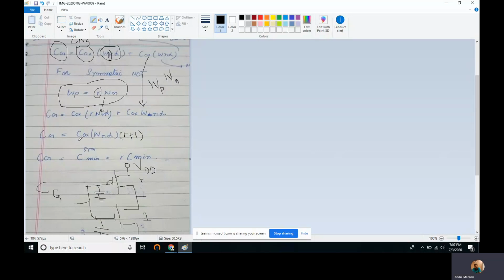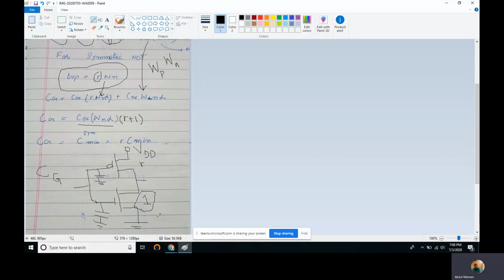So R plus 1 times this is the minimum capacitance. Why do we call it minimum? Because it is the least capacitance out of these two, because WN is smaller than WP. Therefore, the input capacitance of the NMOS, this CGN, would be smaller compared to CGP. Therefore, we call it minimum because it is the minimum of the two.